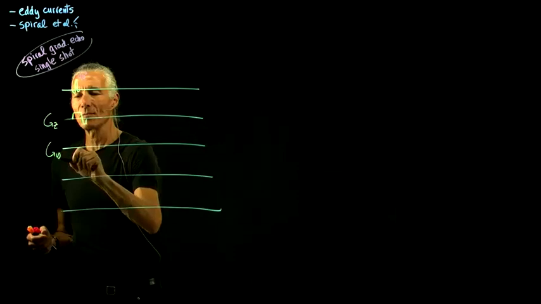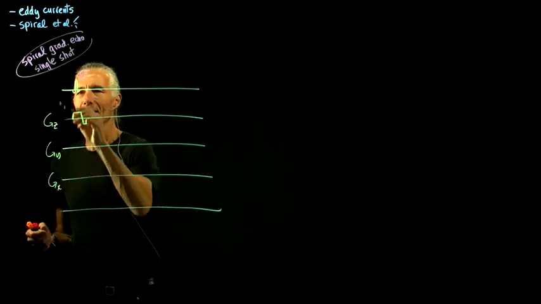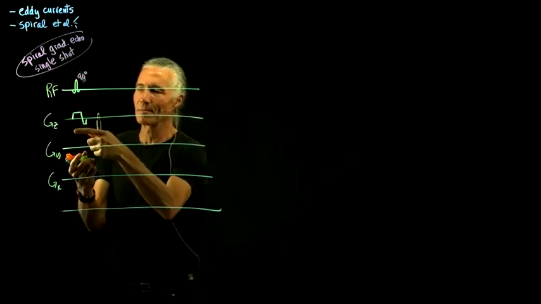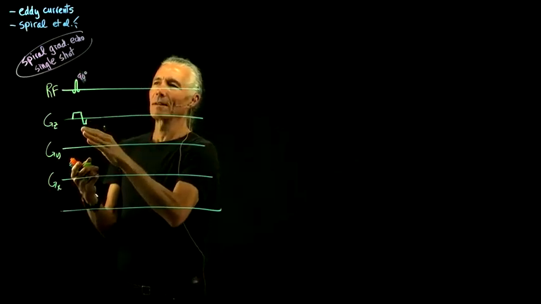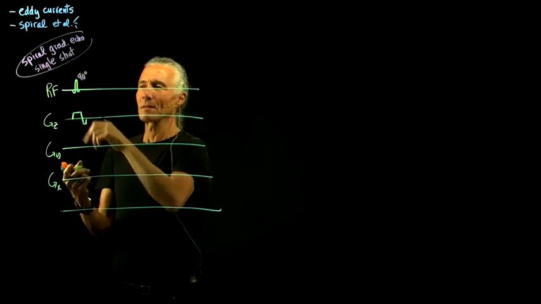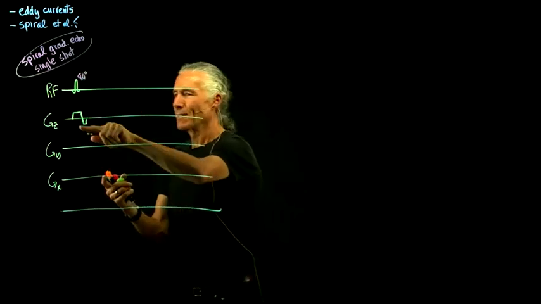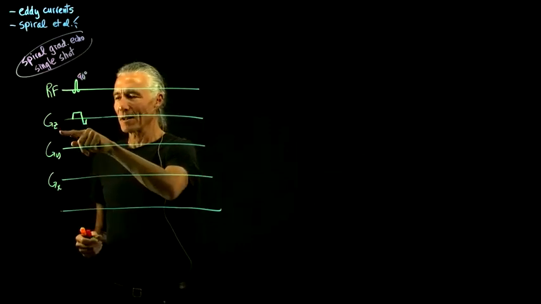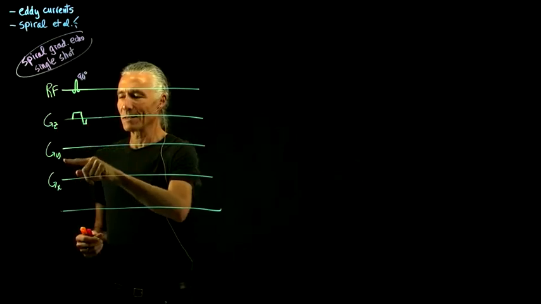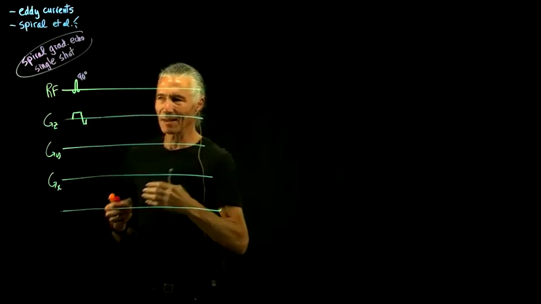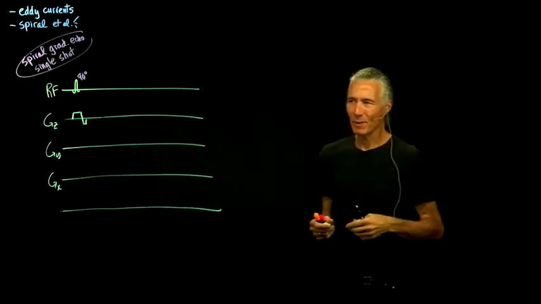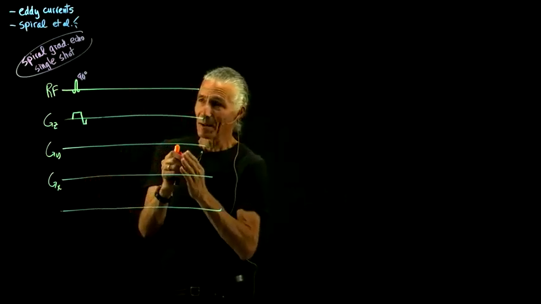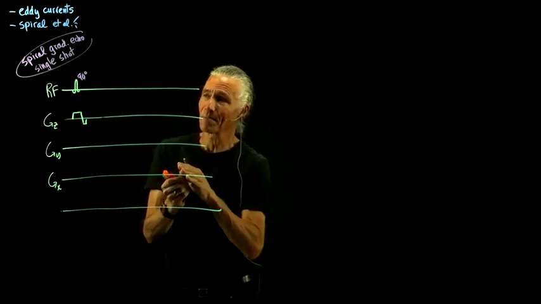When I write these Gz, Gy, Gx, in real life, if you've tilted your slice, you're going to have multiple gradients on. When you're actually running a sequence, the slice select might be spread across several gradients. So writing Gz, Gy, Gx is just a mental way of simplifying that picture, not having to worry about what actually happens when you run a pulse sequence with tilted slices.